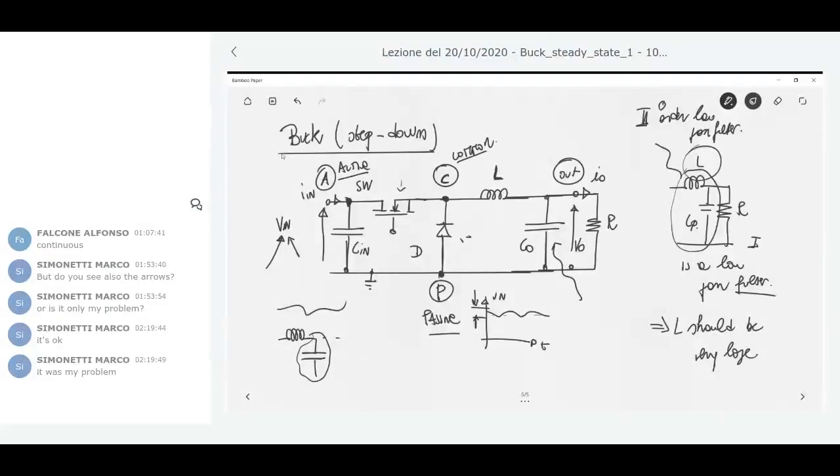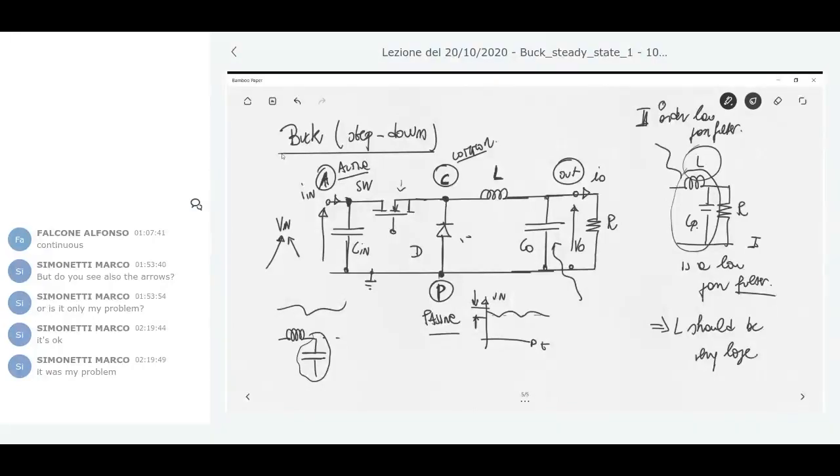So get used to these nodes because we will use them later in these lectures. They are not essential now for describing how the buck works, but they can be employed later on in the small signal modeling of the converter.